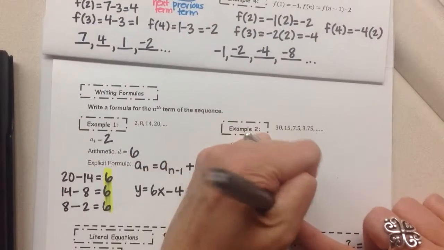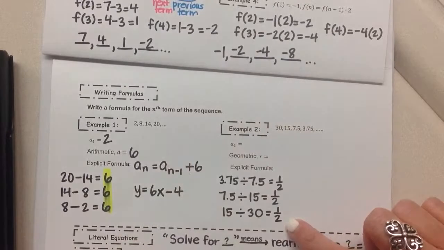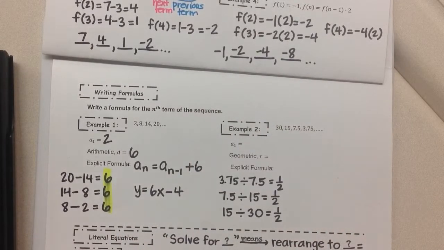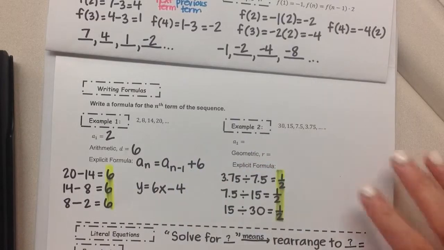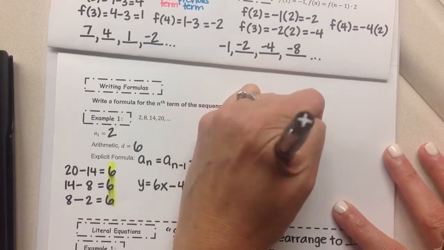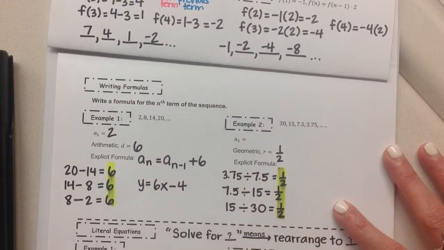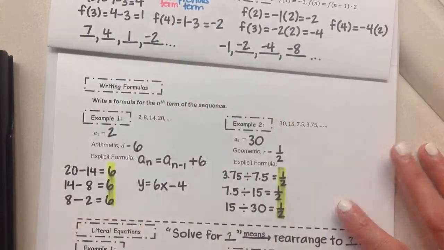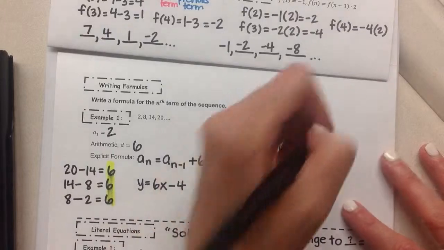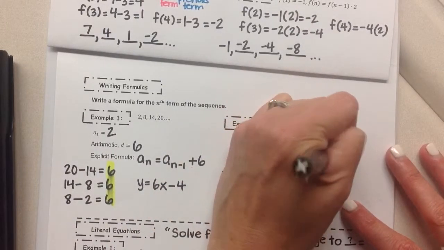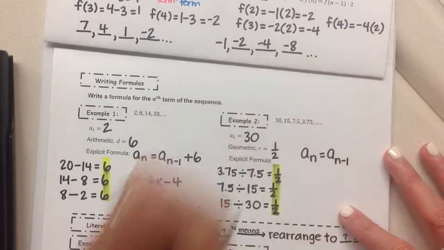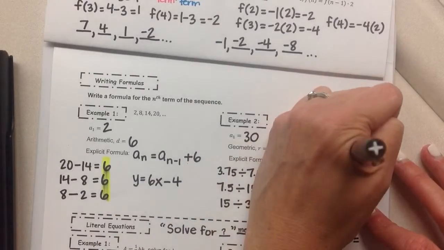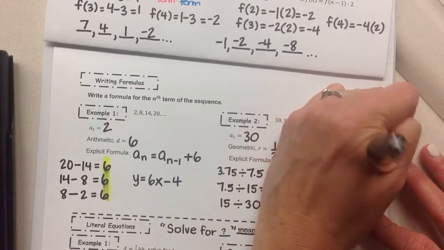So again, you can see when we took the ratio, dividing starting at the end, we ended up with a common ratio of 1/2. And a sub 1 is the first term in the sequence, so the first number is 30. So if I wanted to write a formula, I could say, okay, if I want to get to the next term, I can take the term before it, a sub n minus 1, and multiply by 1/2.